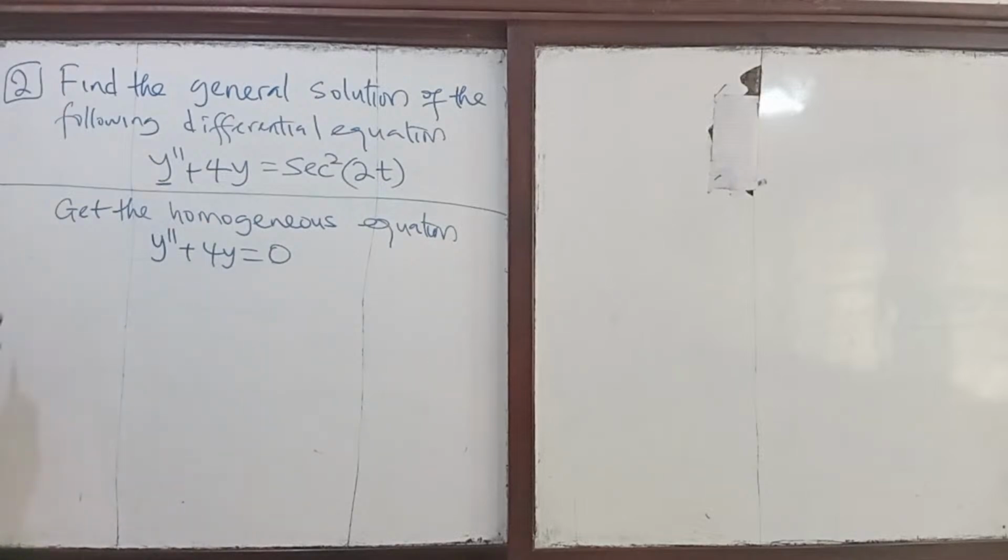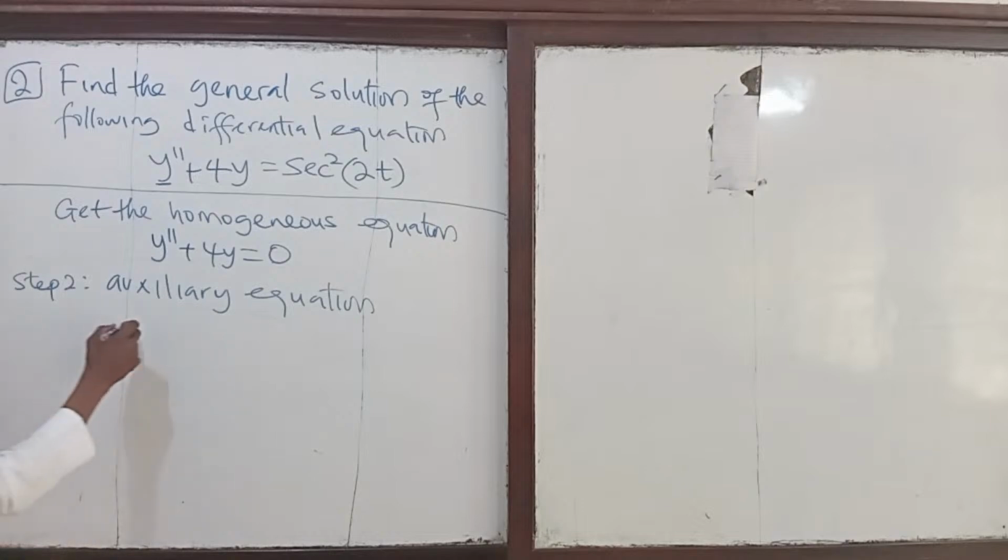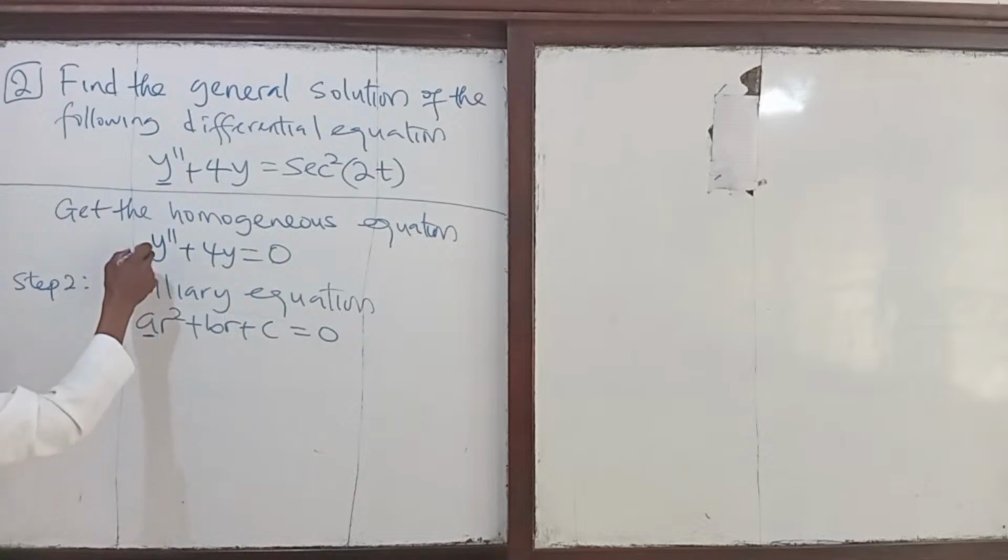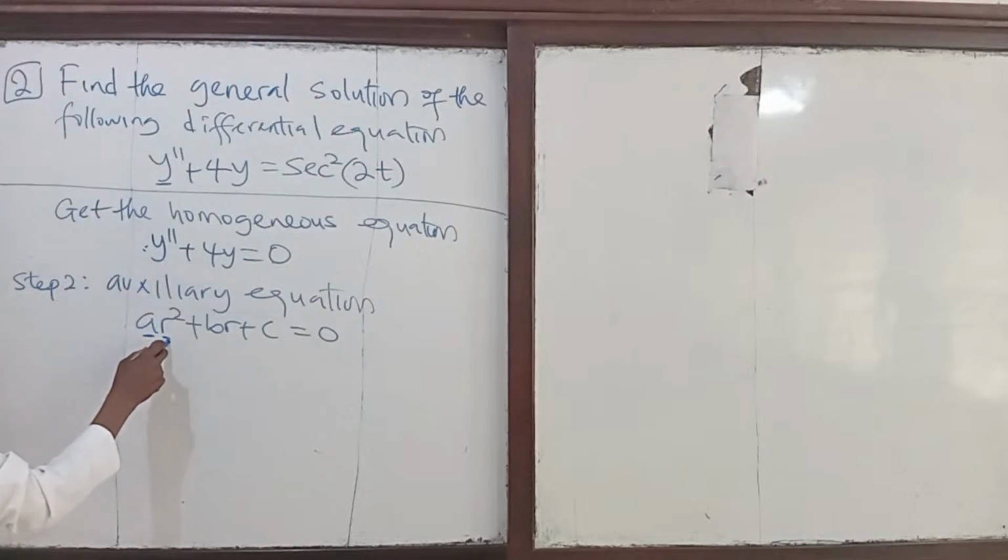Step two, get the auxiliary equation. The auxiliary equation is of this standard form, where the attachment to your second differential is the coefficient of R squared. The attachment to your second differential here is 1, so that will be 1 times R squared.